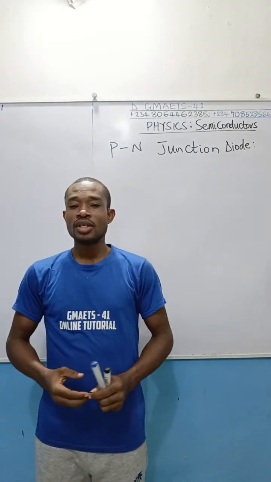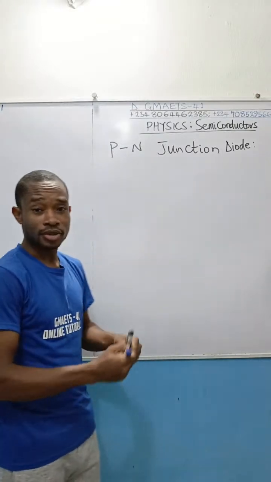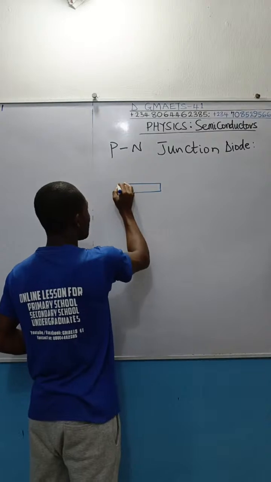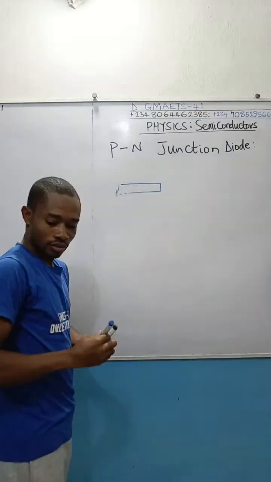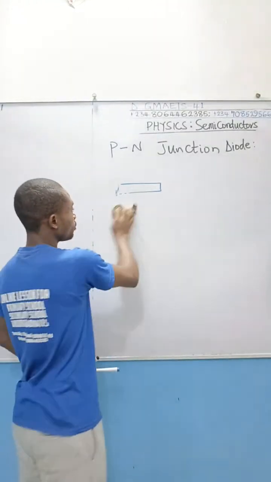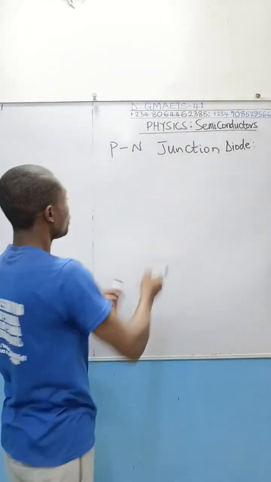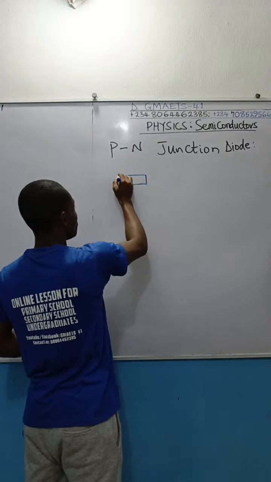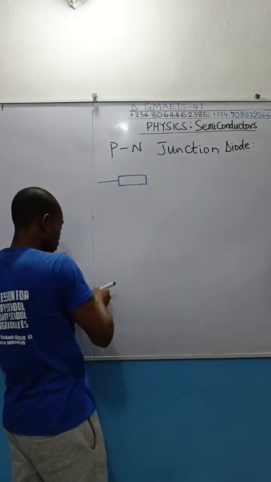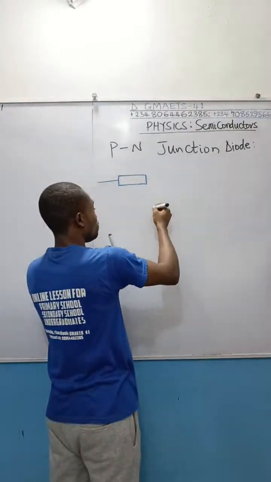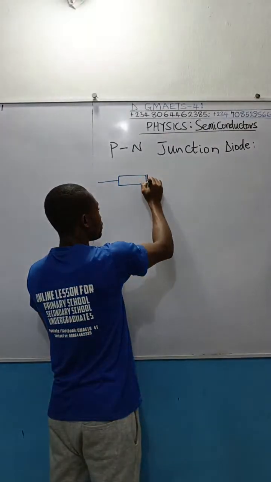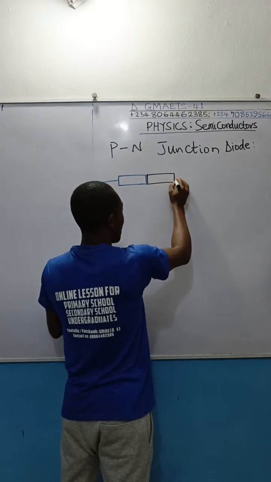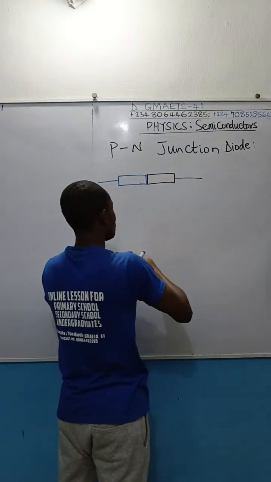That gives you the P-N junction diode. Let me assume that I use this to represent the P-type semiconductor, and I'm using this black shade to represent the N-type semiconductor.